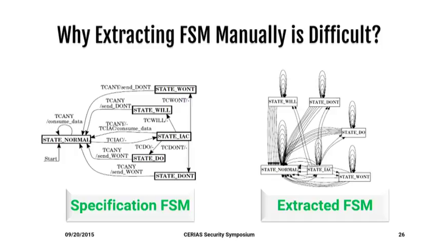The one before the slash is the event that triggers it, and the one after the slash is the action the protocol takes. Now, people might say this is a small enough protocol, so why can't they look through the code and figure out the FSM? One thing we should understand is that this FSM is kind of an implicit FSM. There are a lot of edges that are missing.